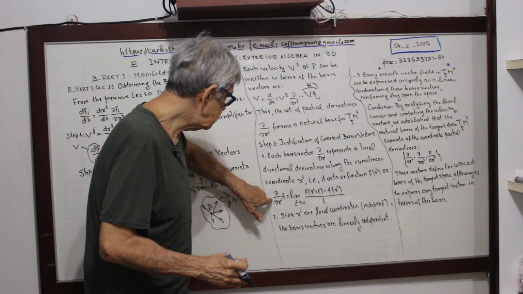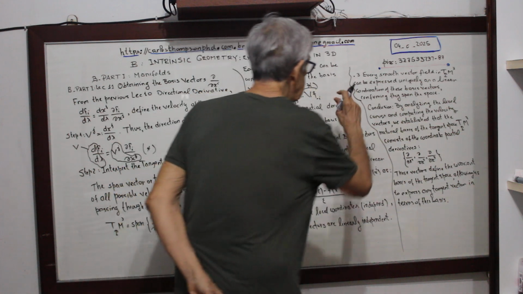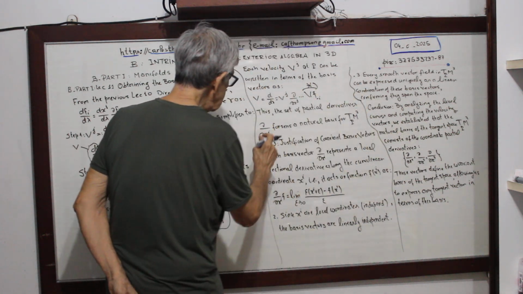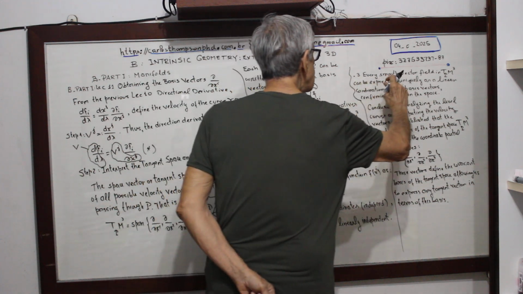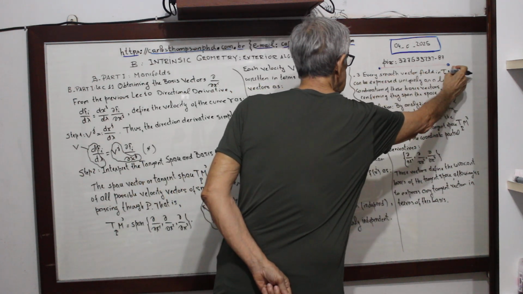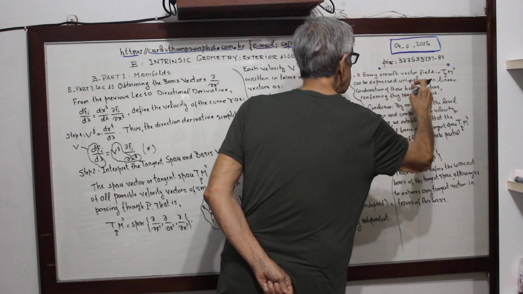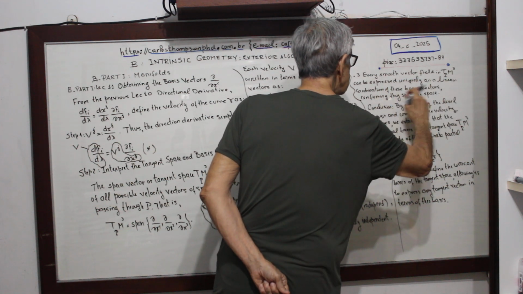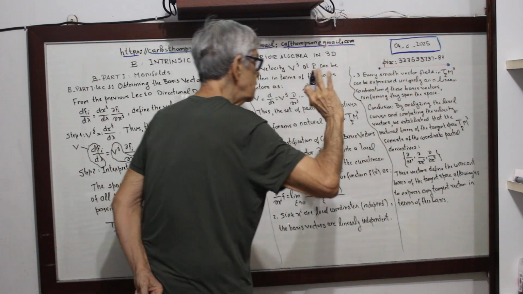Now, item 1, 2, and 3: every smooth vector field in this tangent space can be expressed uniquely as a linear combination of these base vectors, confirming they span the space. See?